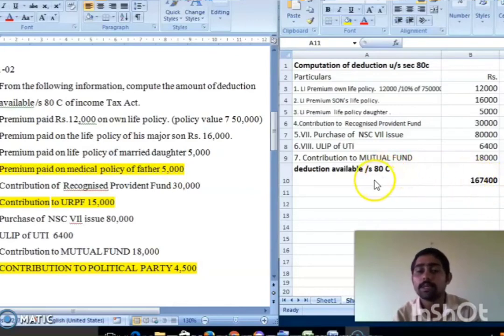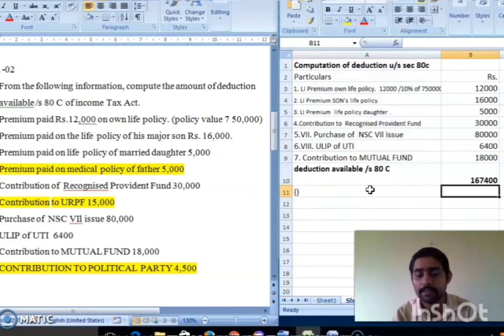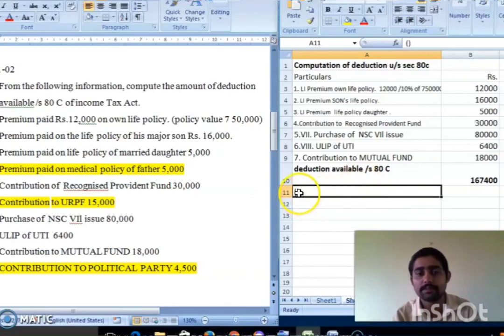But you have to remember one thing, as I told you, as per the rule, we can consider maximum 1,50,000 as deduction under 80C. So here it is more than 1,50,000. So the maximum, 1,50,000, can be considered for deduction under 80C.